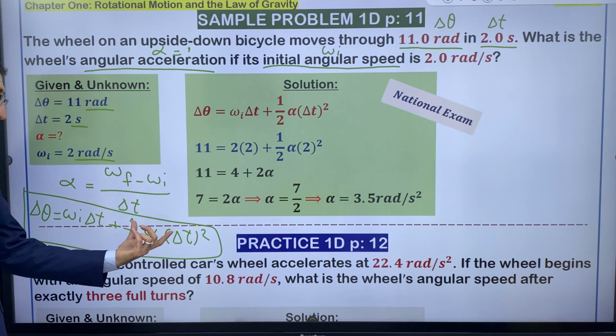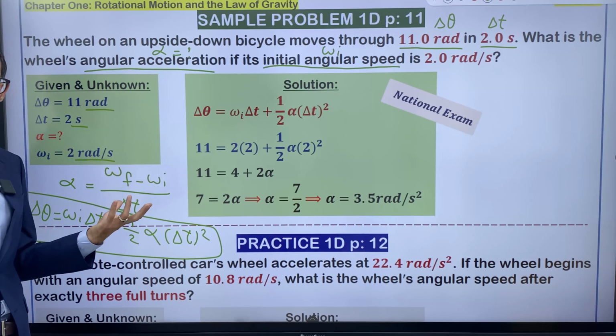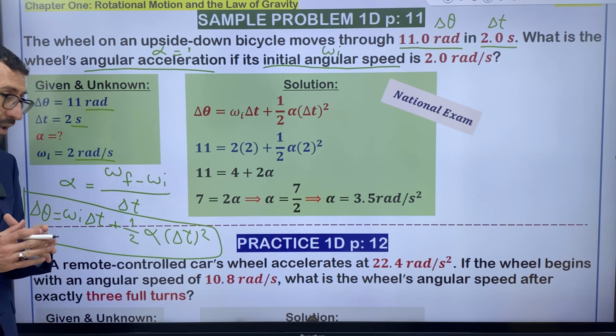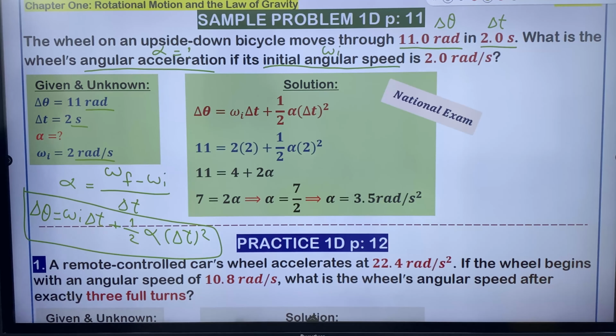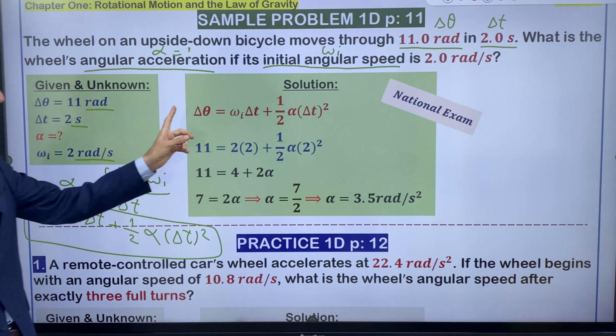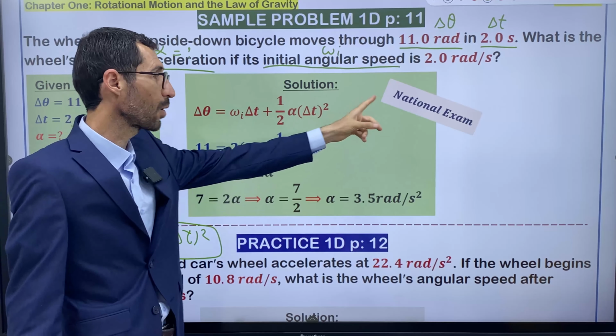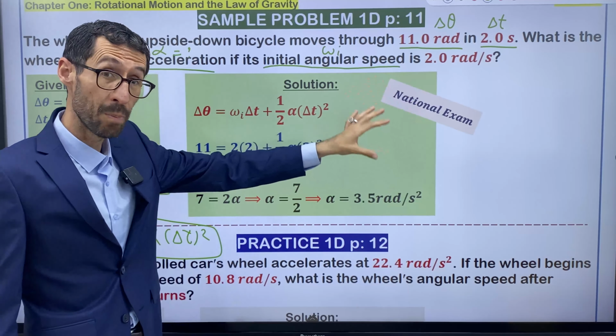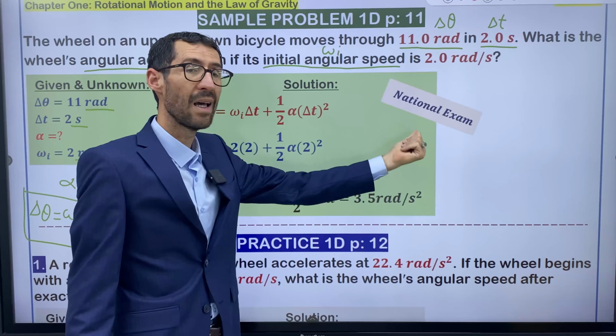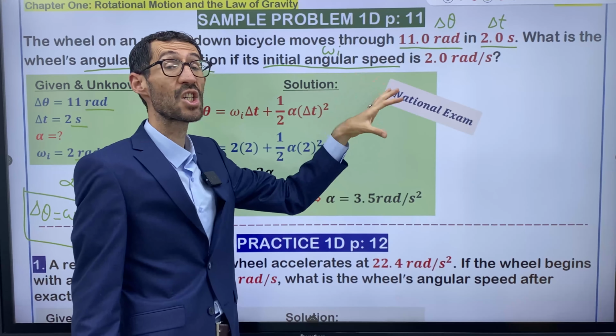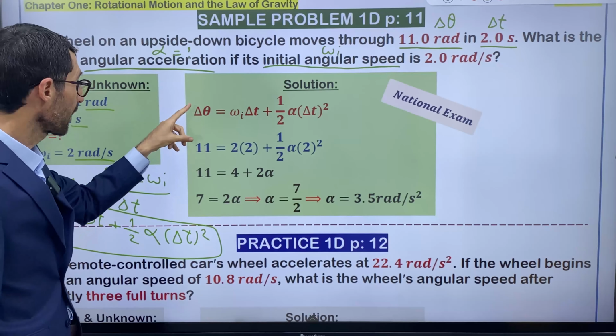That's why, whenever you memorize the equations carefully, you can choose the correct equation for solving the problem. That's why delta theta is equal to omega I delta t plus 1 over 2 alpha delta t squared. And I told you this is an important question because it's a question of the national exam.